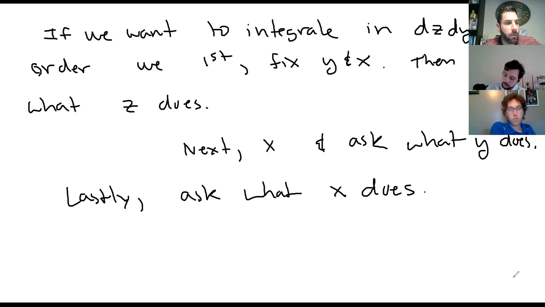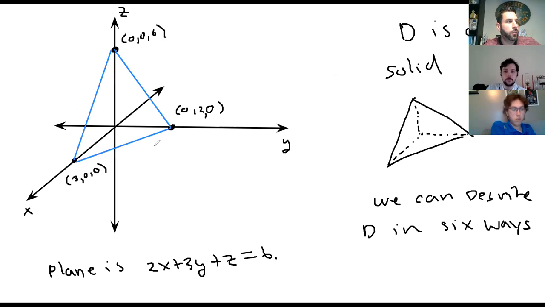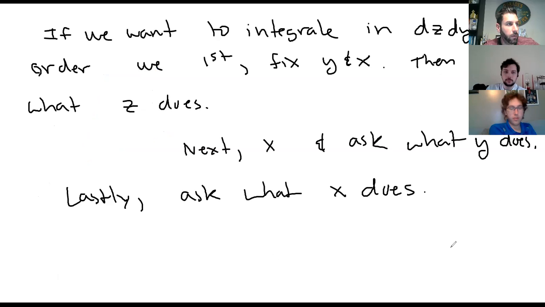If I go back to my picture, assume I'm going to fix x and y. Well, what does z do? You already know that. You have an equation for it. You know exactly what z does. It goes from 0 up to the equation of the plane. So let's note that.